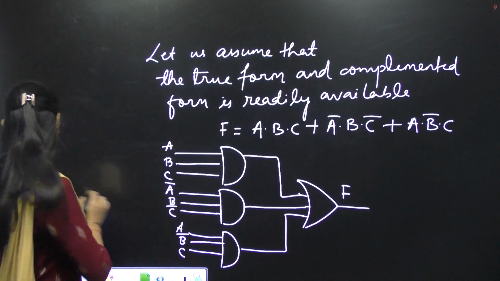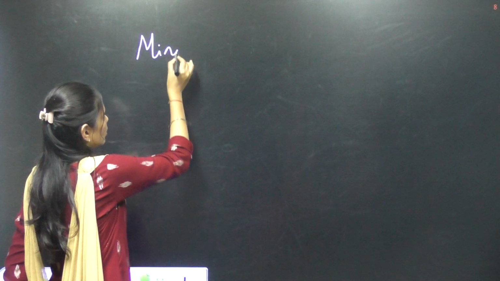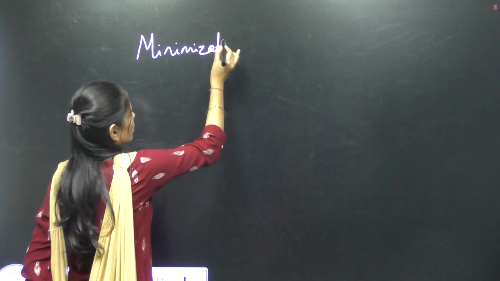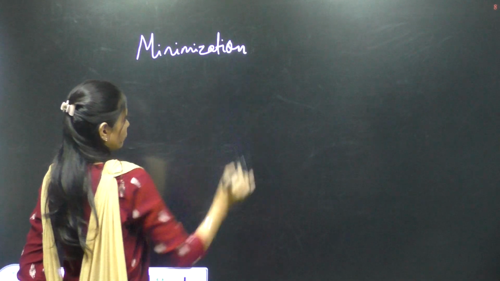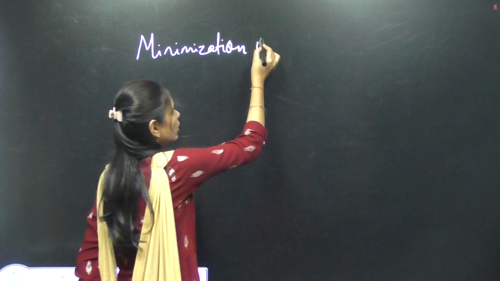So why do we need minimization actually? Why do we require the minimization of a Boolean function?